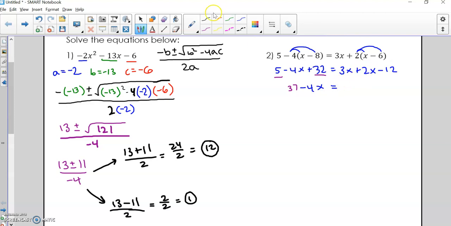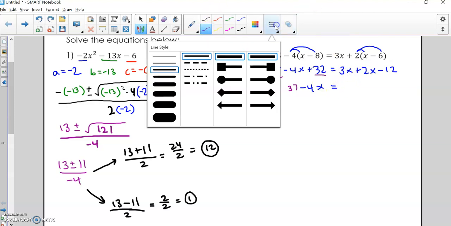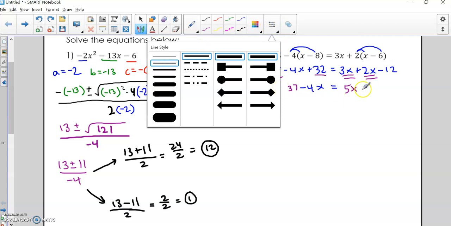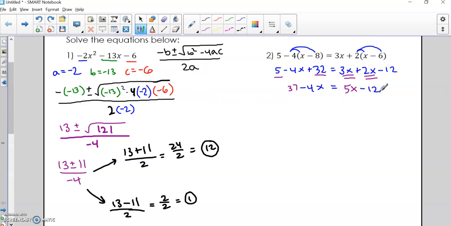And on the right side, we have these two terms that can be combined, and then 2x and 3x turn into 5x. And that negative 12 stays as is. Nobody to combine with negative 12.